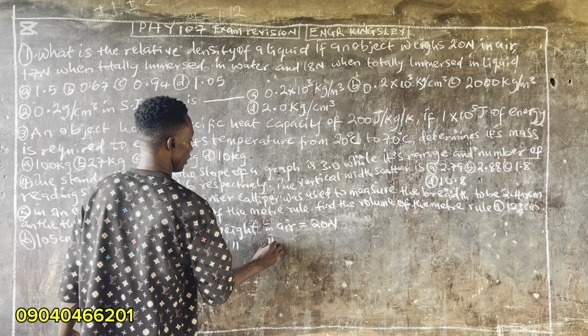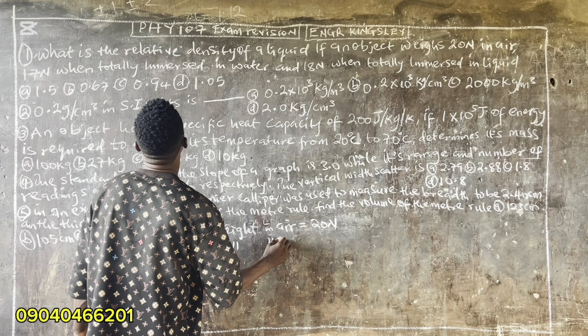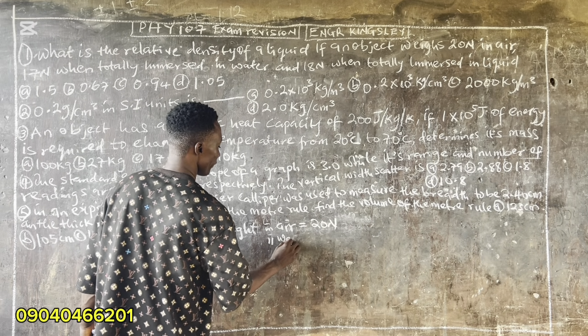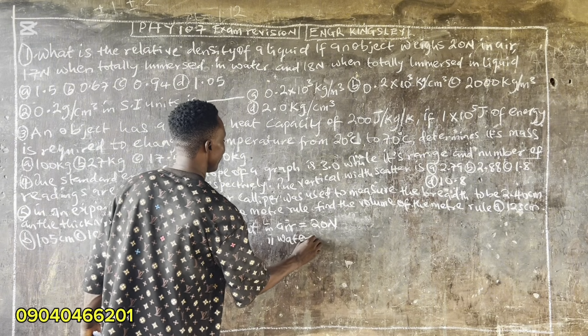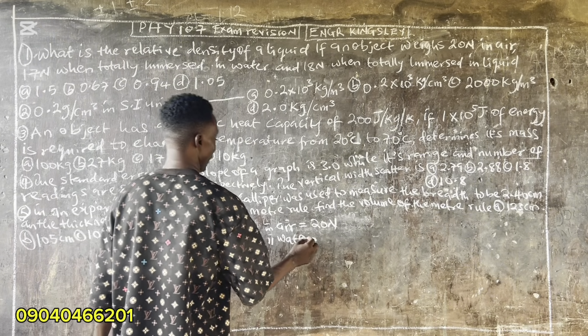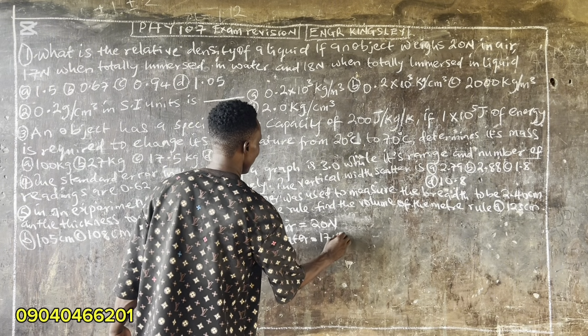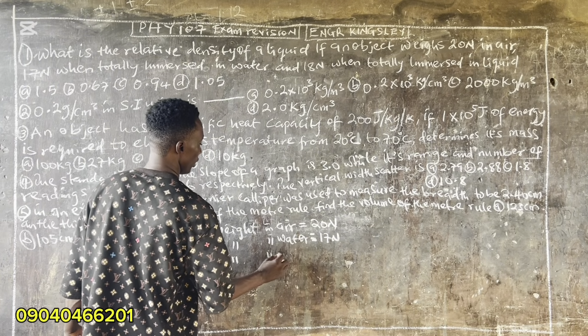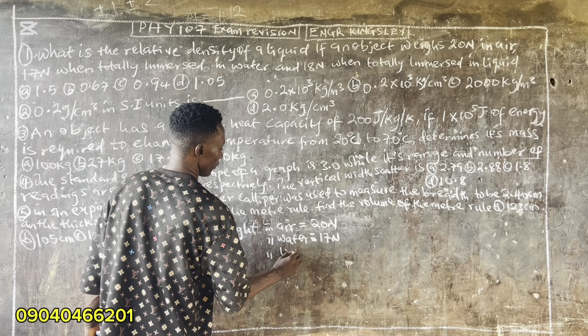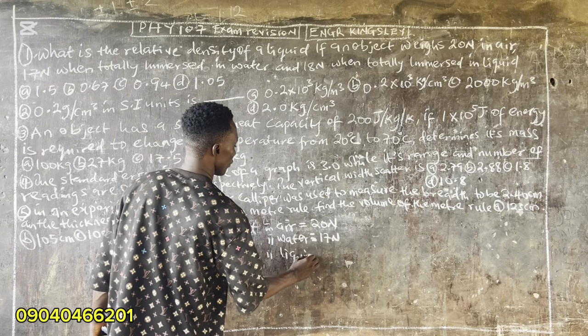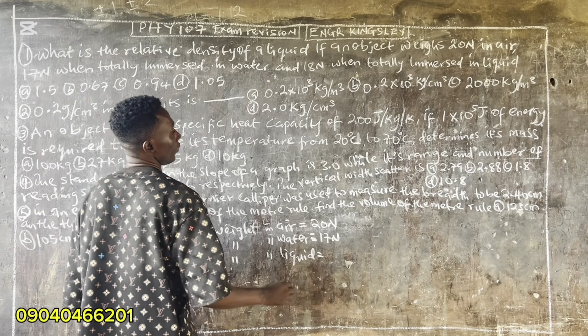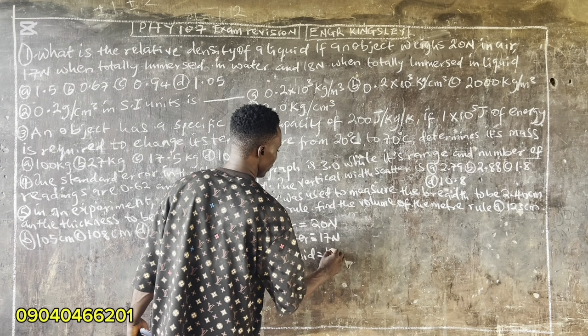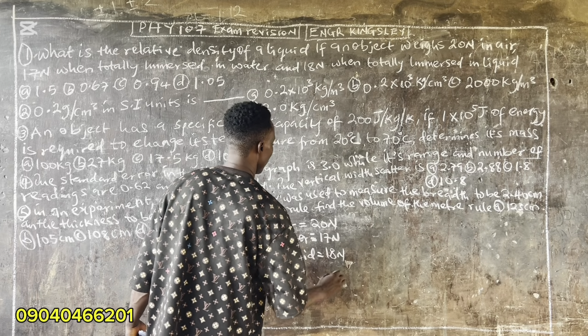Let weight in water be 17 Newton, and weight in liquid, what is given? I say weight in liquid is 18 Newton.